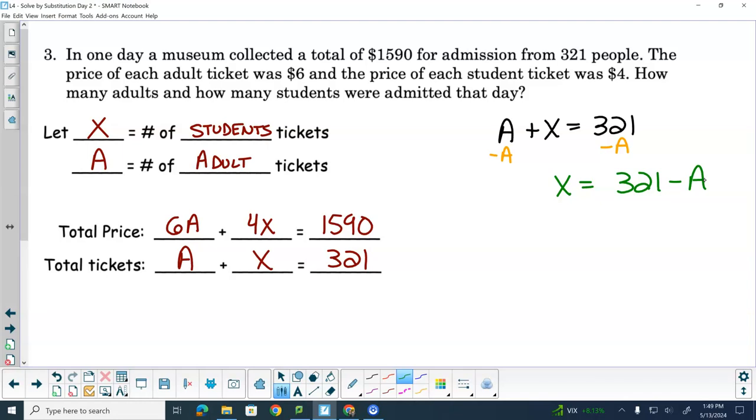Is that okay, based on this problem? Why is it not okay? Because there can only be 321 total people in the room, so both of our numbers have to be smaller than 321. That's a good thing.